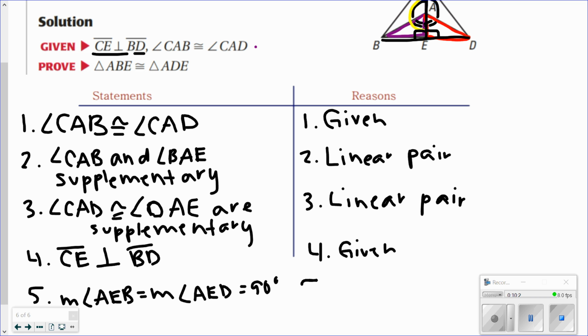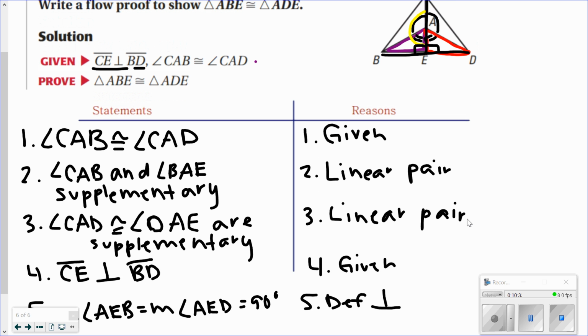And that is just the definition of perpendicular. I'm going to abbreviate this: definition of perpendicular.